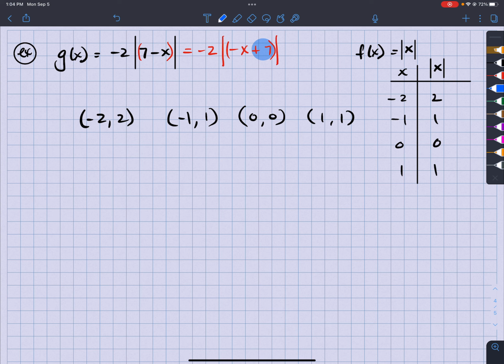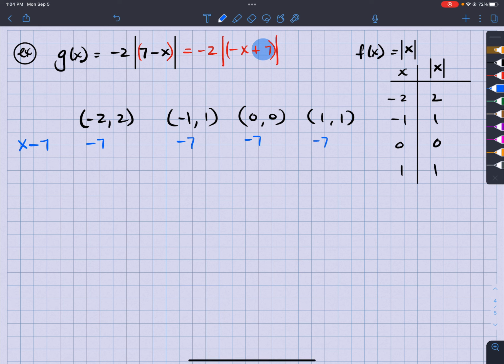Oh, sorry, backwards. So take the x value and subtract 7. I have to look at the x values and subtract 7.